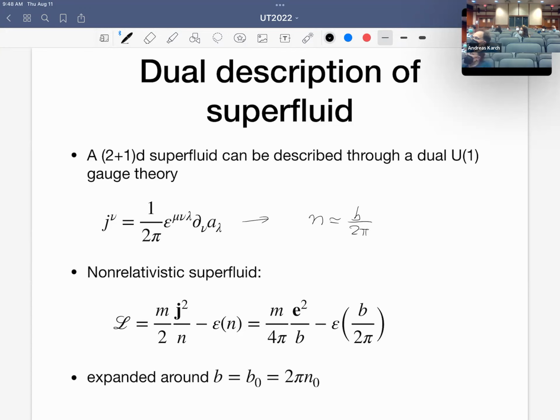because it's non-local in the electromagnetic field, but we have to remember that the superfluid state appears only at finite density. And so when we write down this Lagrangian, what we mean is that we are working around a certain background magnetic field, B equals B0, determined by the density of the particles.